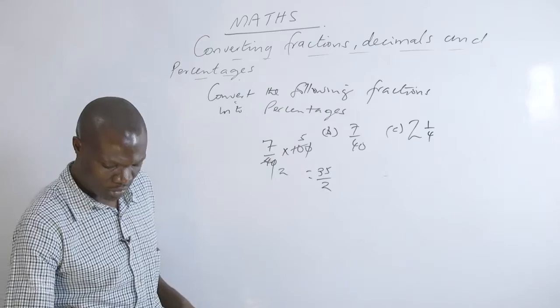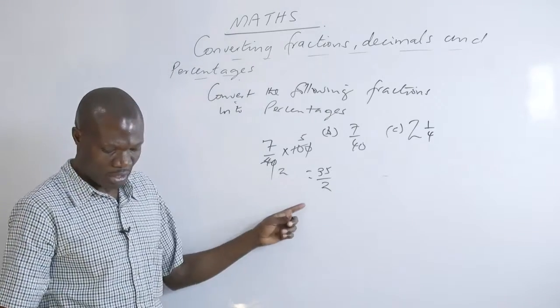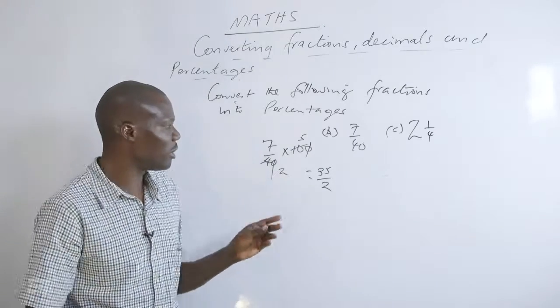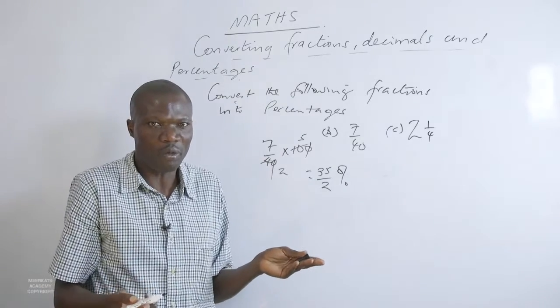So we have 35/2. This one here can still be accepted as the percentage. It's still allowed, written as an improper fraction.